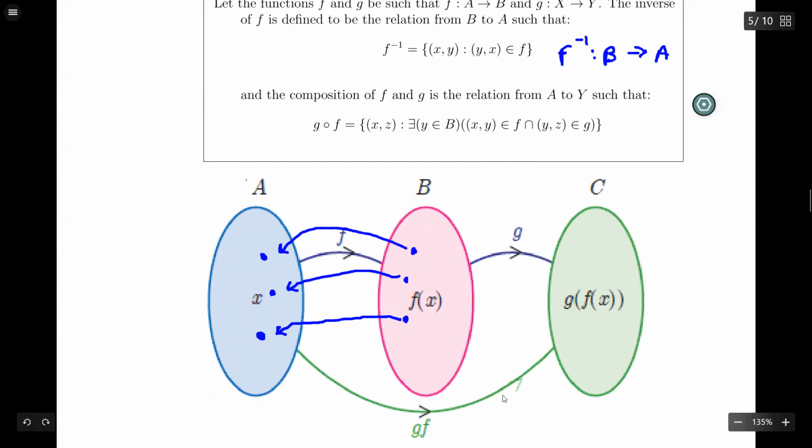And then for the composite function, I'm essentially mapping A to C, which we'll prove in the next theorem. But essentially the basic idea is we're going from A, we're skipping B, and then we're going to C.